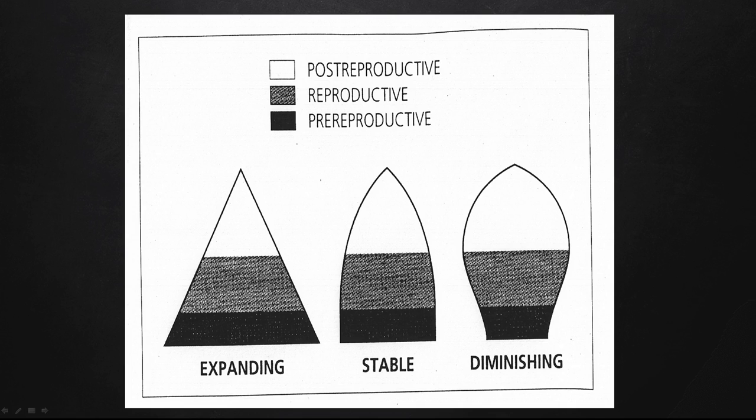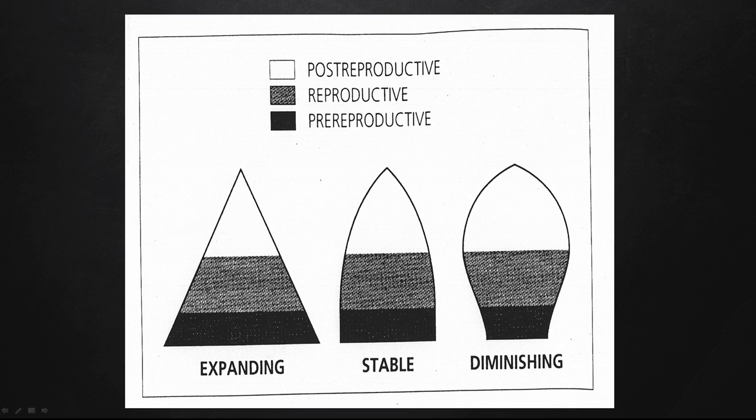So the first is the expansive or expanding. Expansive population pyramids are used to describe populations that are young and growing. They are often characterized by their pyramid shape, which has a broad base and a narrow top. Expansive population pyramids show a large percentage of the population in the younger age cohorts, usually with each age cohort smaller in size than the one below it.